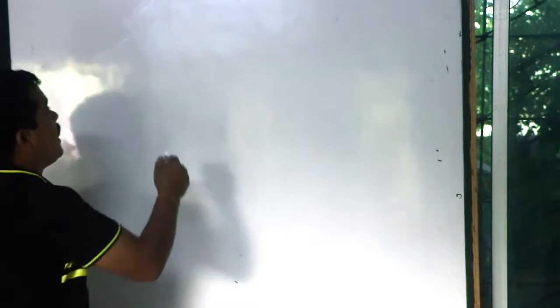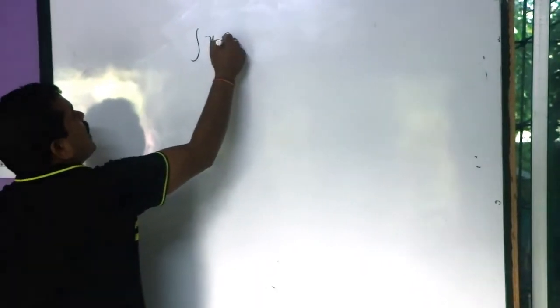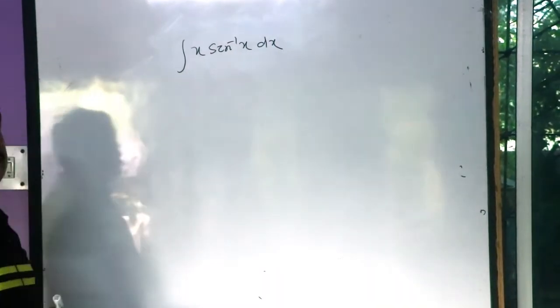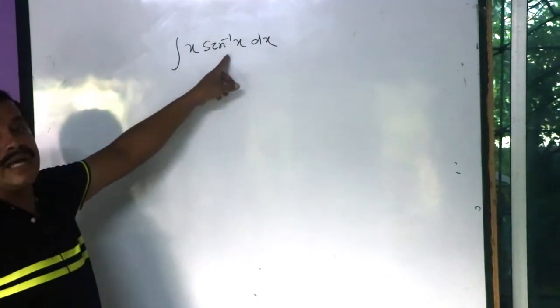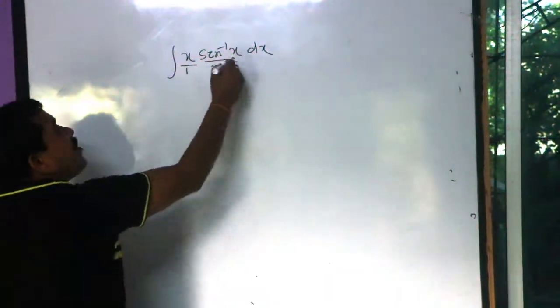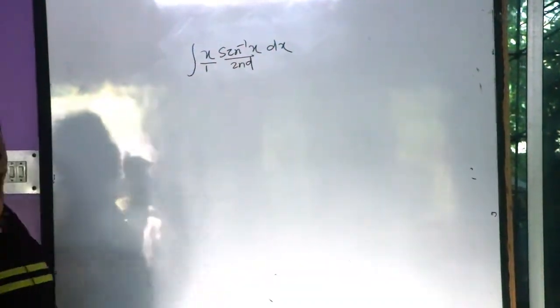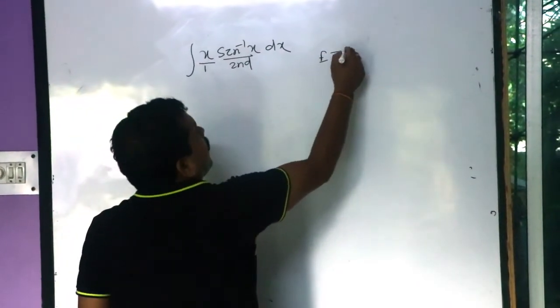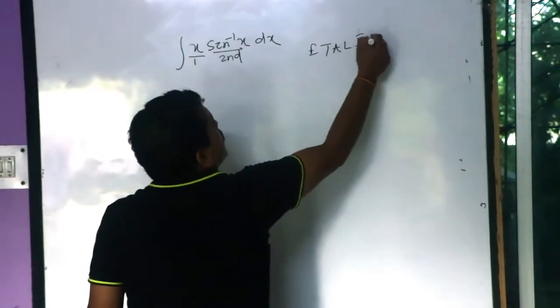The integration is like x into sine inverse x dx. Here x is an algebraic function, sine inverse x is an inverse trigonometric function. Here x will be the first function, sine inverse x will be the second function, depending upon the order of the function. According to ILATE, I is the last function.